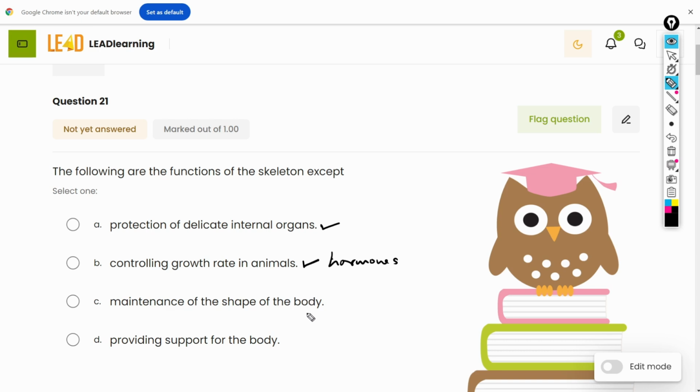And then C, maintenance of the shape of the body. Yes, the skeleton gives the body shape. Option D, providing support for the body. Yes, they provide a framework which acts as a support. So the answer here is option B, controlling growth rate in animals. That is not a function of the skeleton.